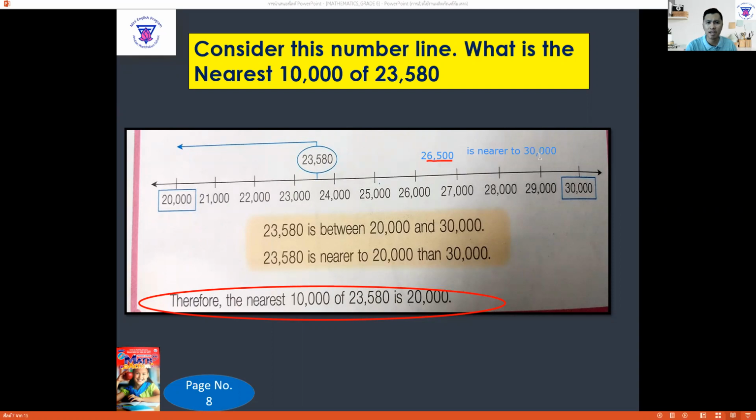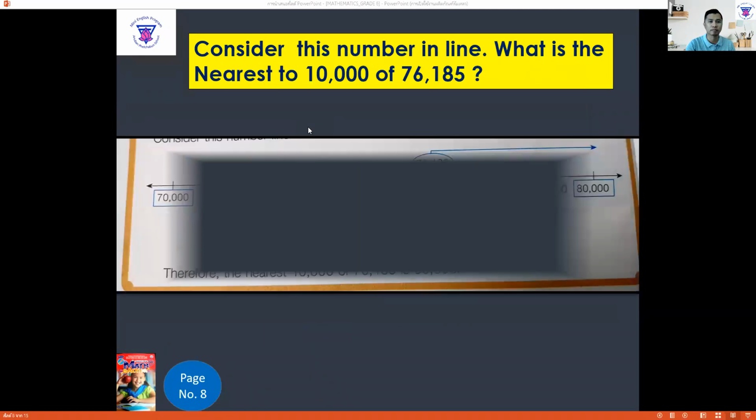All right, that is very, very close to 30,000. Okay, therefore, the nearest 10,000 of this number is 30,000. Okay, good job, students. So now let's go to the next page.